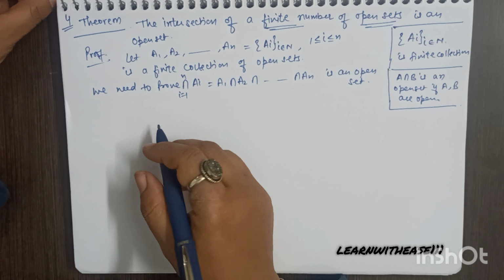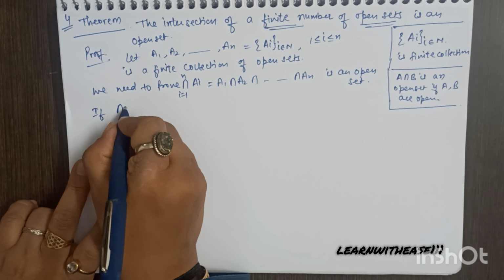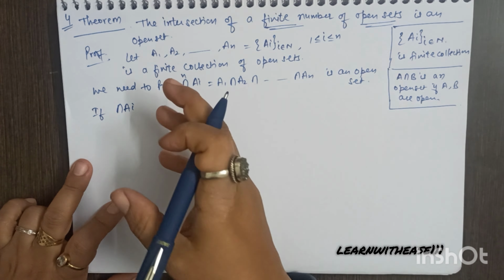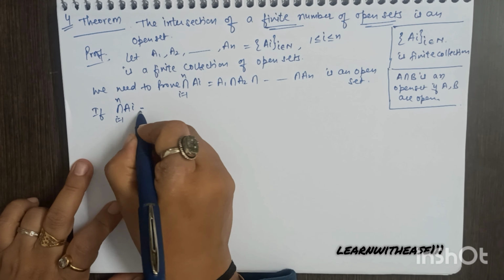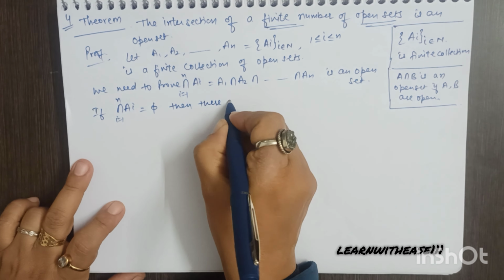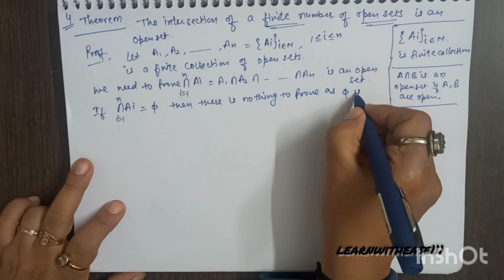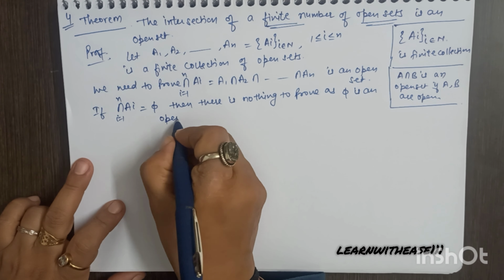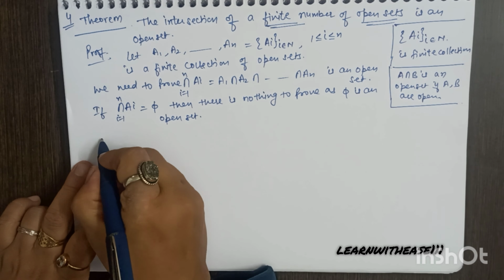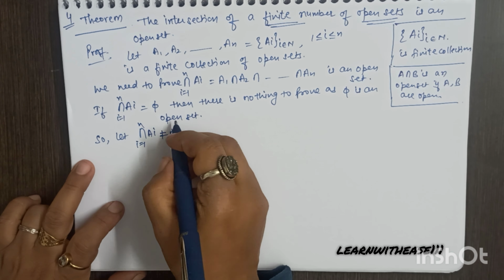If the intersection is empty, this is quite possible, since it is a collection of n sets and it's quite possible that the intersection contains nothing. If it is so, then there is nothing to prove, as the empty set is an open set, which proves the result. So we consider it to be non-empty.